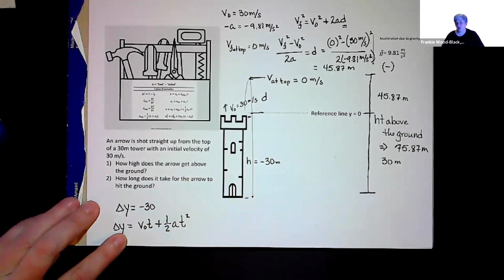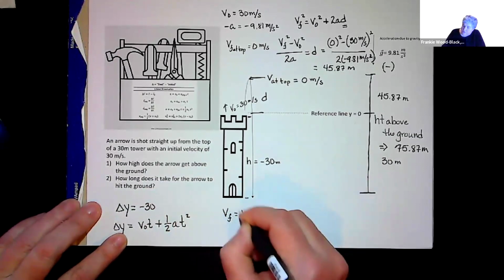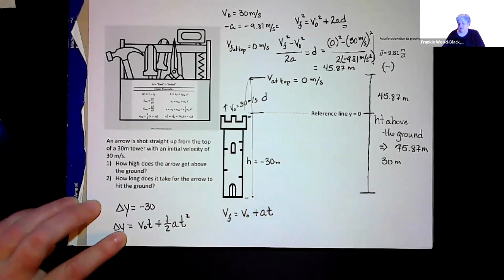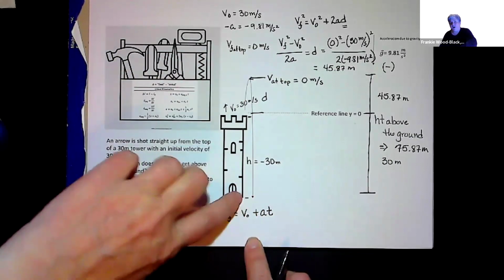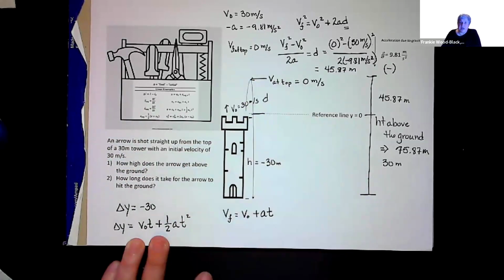And then I have to use my quadratic equation. Or I can do my final velocity is equal to my initial velocity plus my acceleration times time. And that way I'm looking at the time of fall. But I still got to know that part.